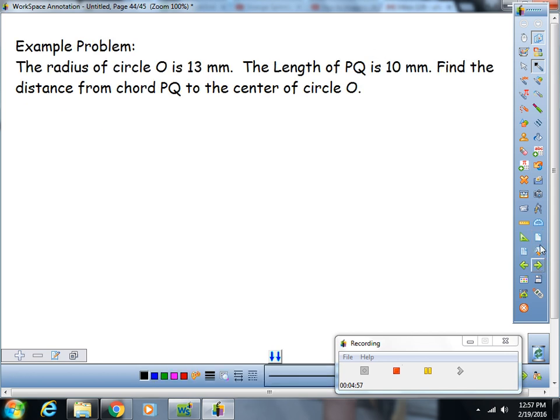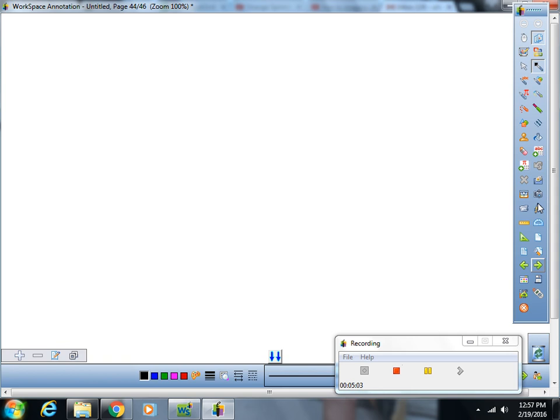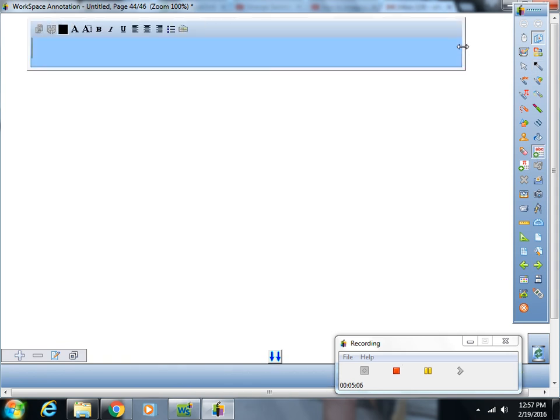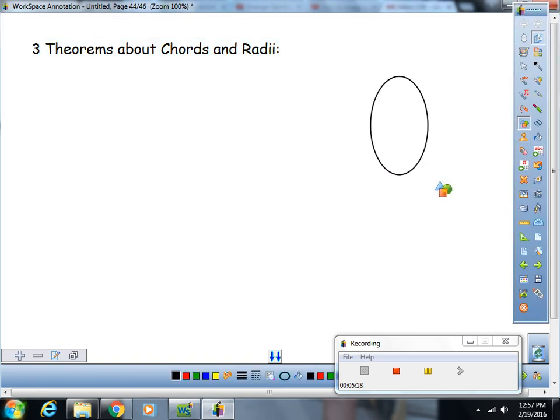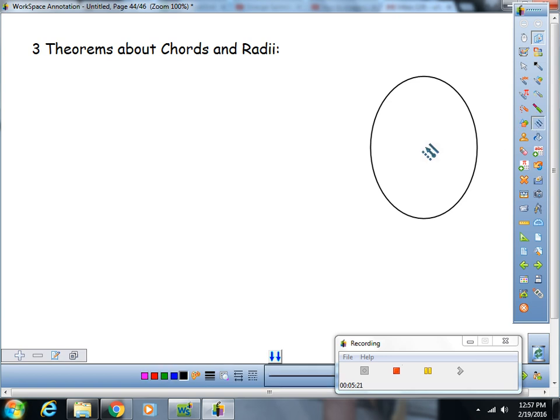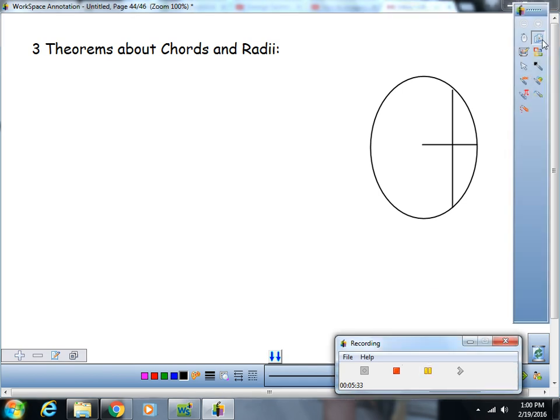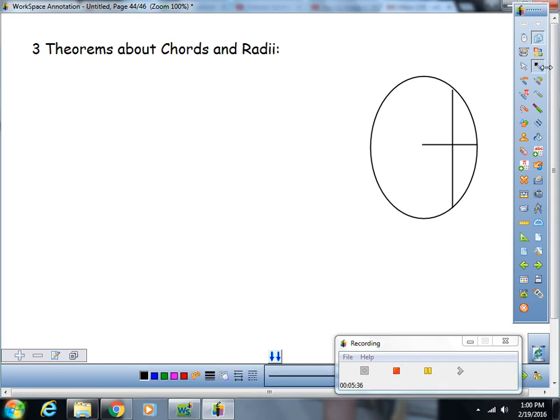Okay, moving along. So now we're going to go with 3 theorems about chords and radii. Here's a nice little feature. If you've got a radius and you've got a chord, so if you've got a chord that's perpendicular to a radius, you've got some special things going on.